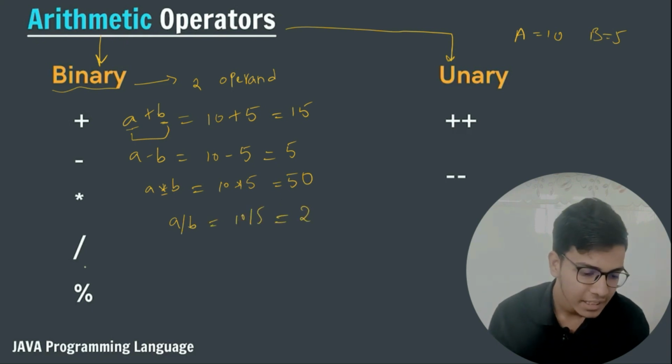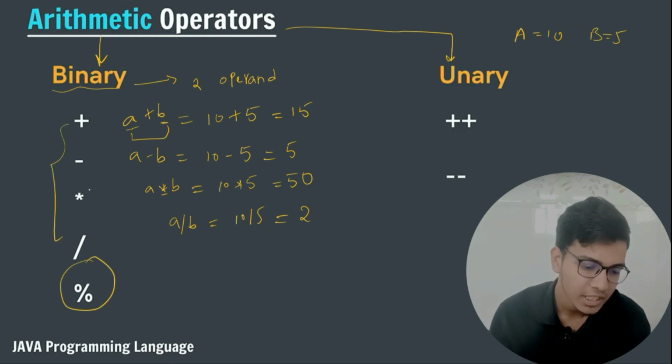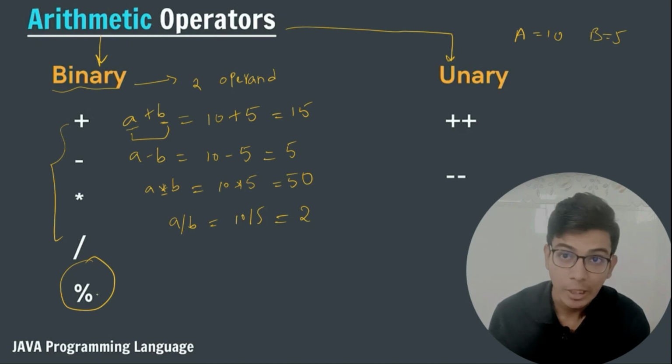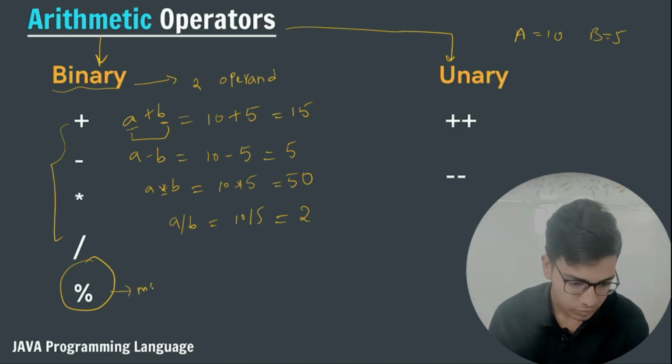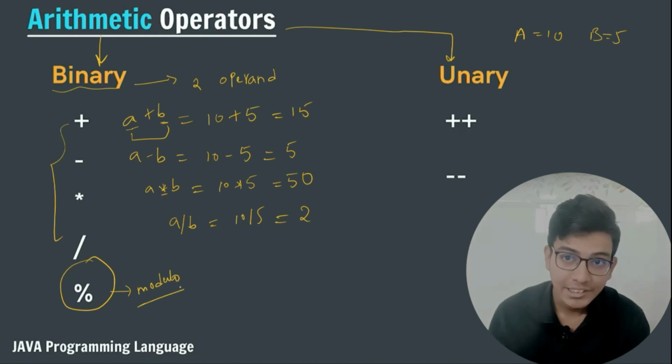Well, this is a new operator. In maths we have all these things, addition, subtraction, multiplication, division, and this is a new operator, I believe. This is known as modulo, and it is also known as the remainder operator. This operator will give us the remainder of our expression. Suppose let us take 10 % 5.